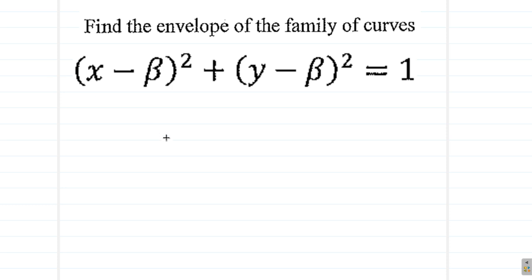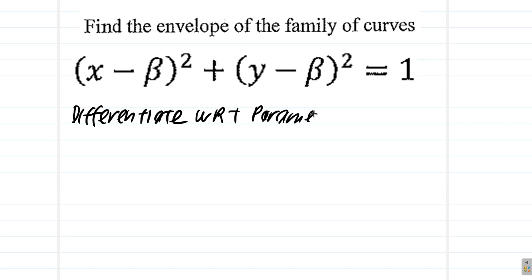Now, what you're going to do, right, to find the envelope, you're going to differentiate with respect to the parameter beta, because x and y are seen as the original variables.